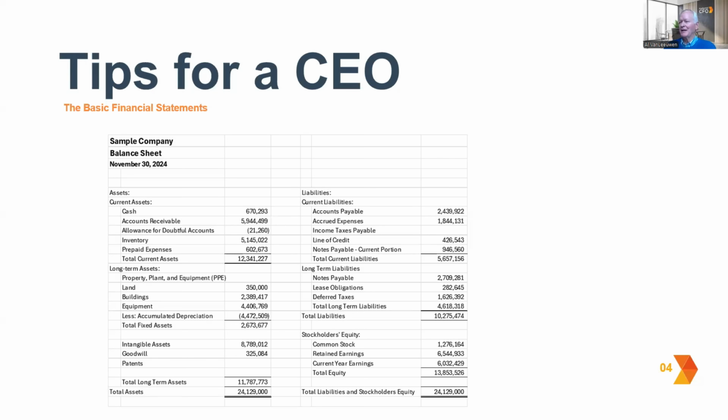And the question I would ask you is, this company had receivables of $5.9 million. But do you really think they're going to collect all of it other than $21,000? If you are receiving a balance sheet, you should make sure that your CFO is showing you what there is for an allowance for doubtful accounts.